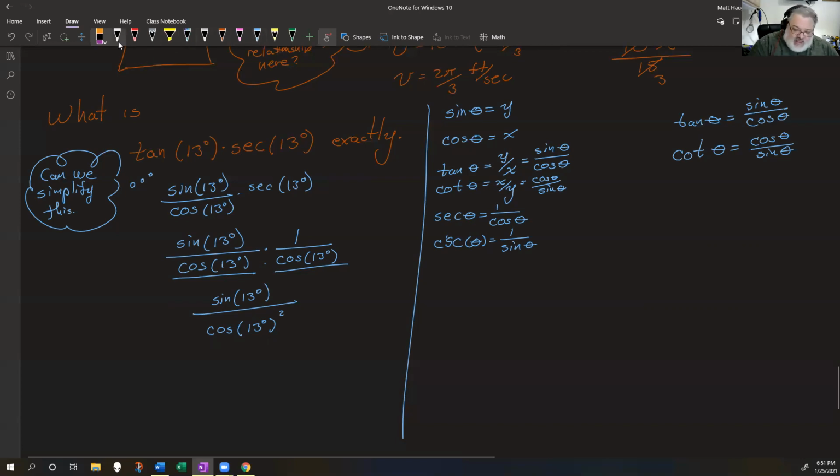To avoid that ambiguity, when we're squaring a trig function like this, we do something that might seem a little strange. We put the square on the function. So we read that as cosine squared 13 degrees. That tells us unambiguously, find the cosine of 13 degrees and then square that result.